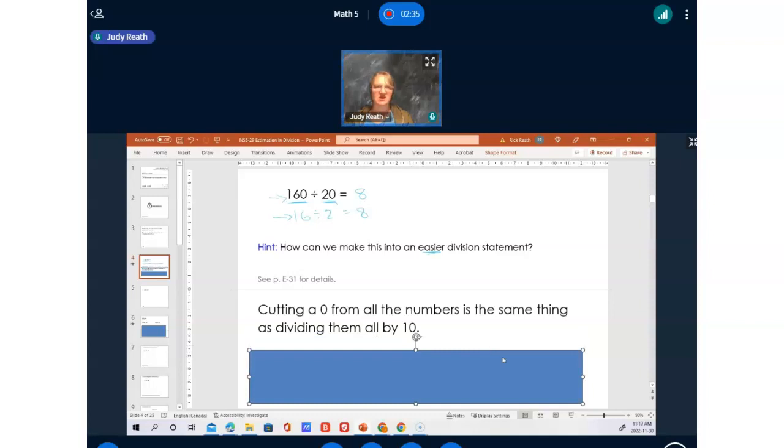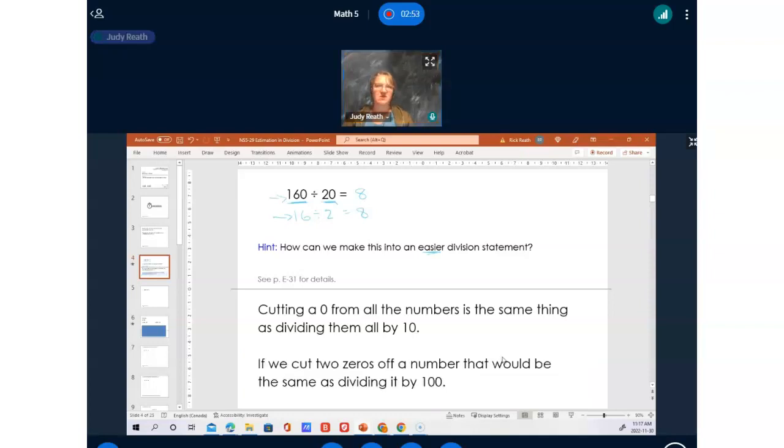So they said cutting a 0 from all the numbers. I don't like referring to that because then it makes it sound like we can just cut zeros off of numbers anytime, and that's not true. But if we cut a 0 off from both of these, it's the same as dividing them all by 10. And if we cut 2 zeros off of a number, it's the same as dividing it by 100.